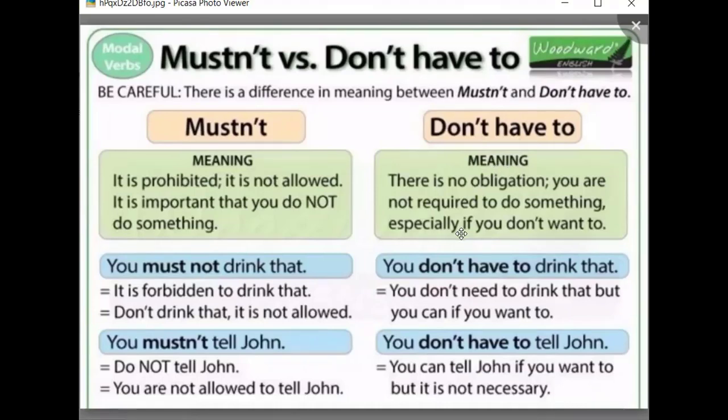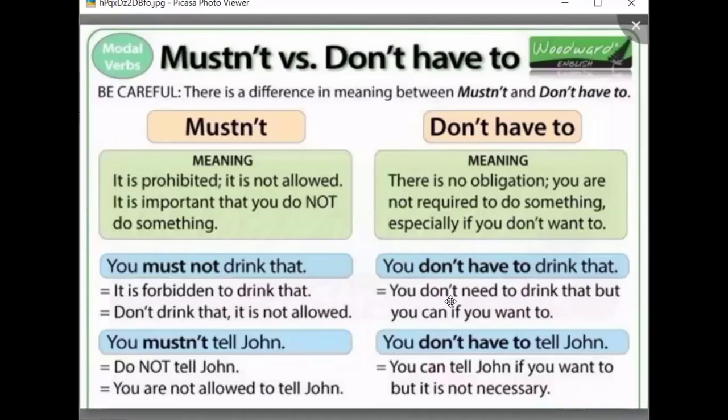Okay. Now read the sentence. Read one sentence from here and then read a sentence from the don't have to category. Yes, sir. You must not drink that. It is prohibited to drink that. Don't drink that. It is not allowed.